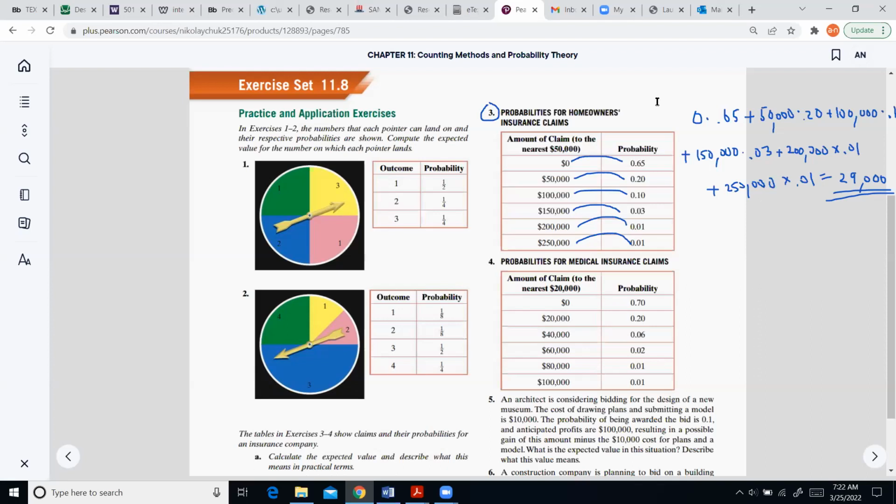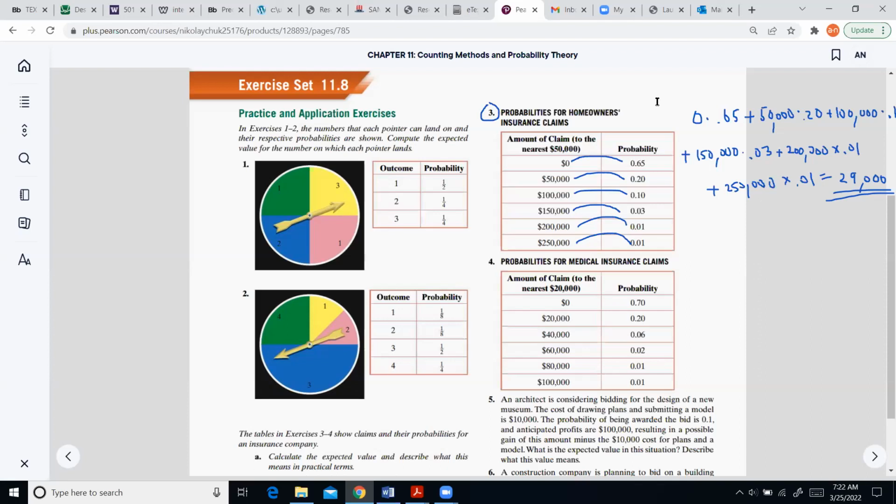And based on that, they will decide the annual policy price. I think that 29,000 is a pretty high price, right? So not too many people will buy this type of insurance. Well, who knows? But that's the idea.